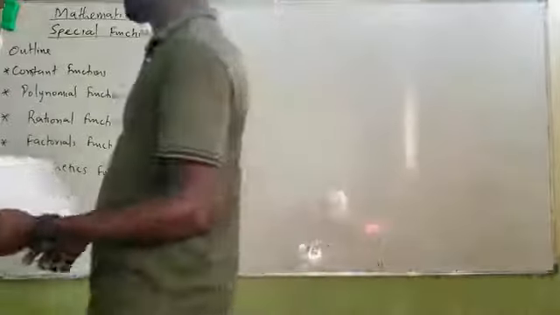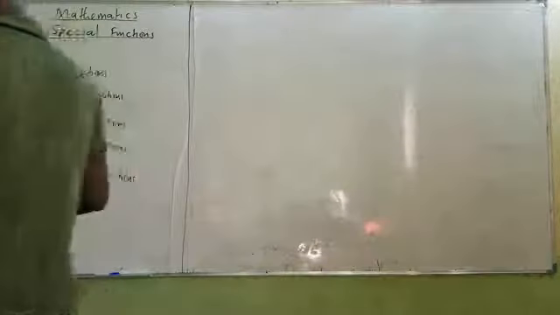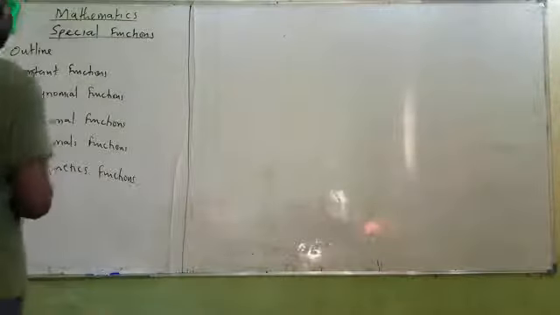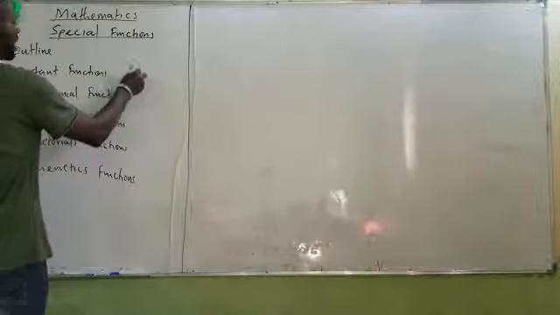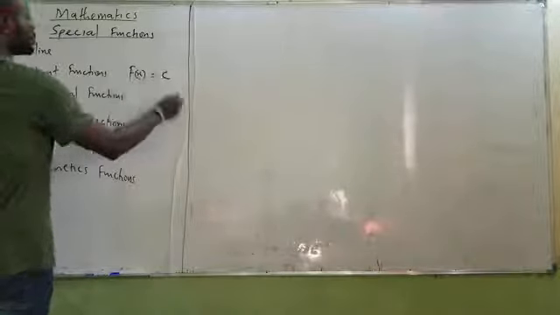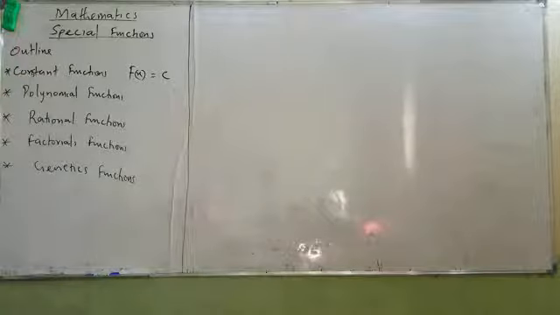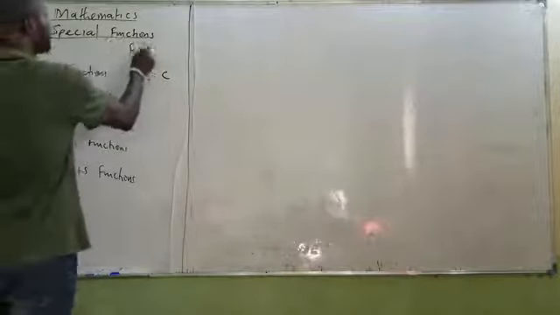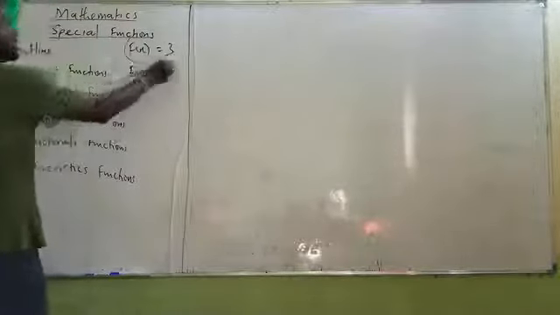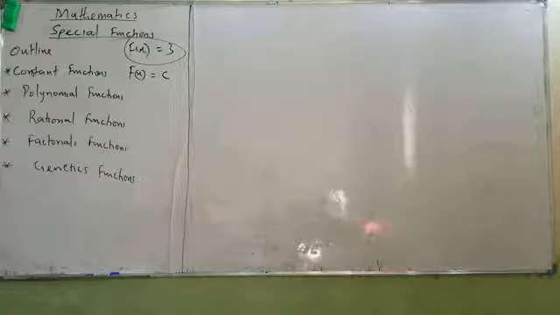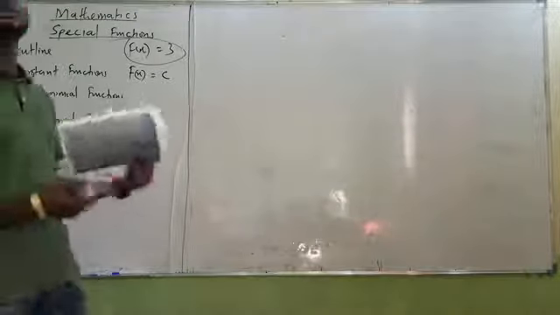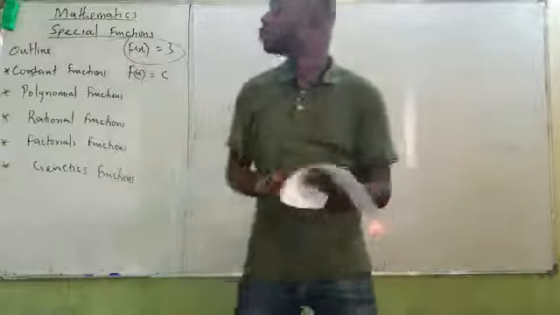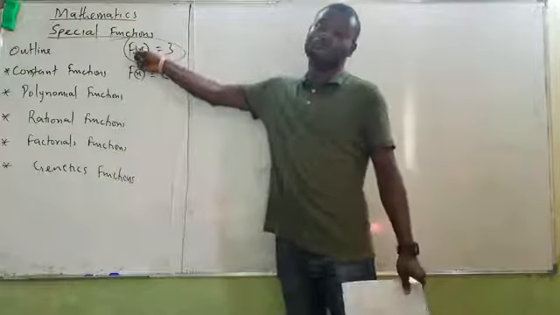Now, you know what is called a constant function. It means when something is constant, f of x equals a constant c. If, for instance, f of x equals 3, this is a very good example of a constant function. It means the function cannot move anywhere, no matter how you set it.